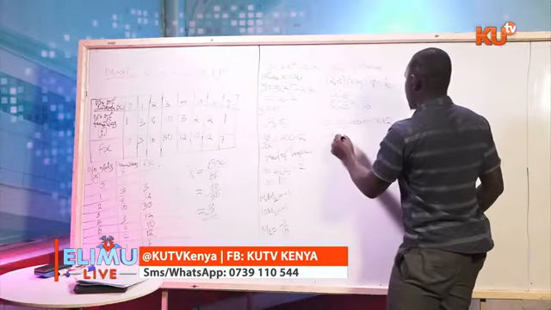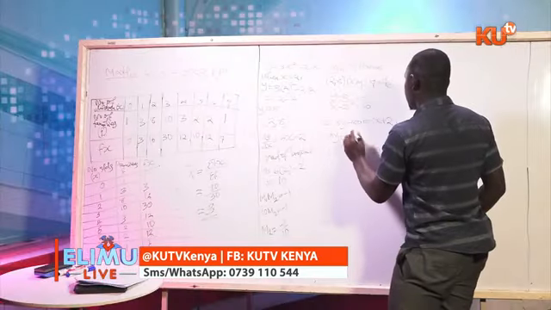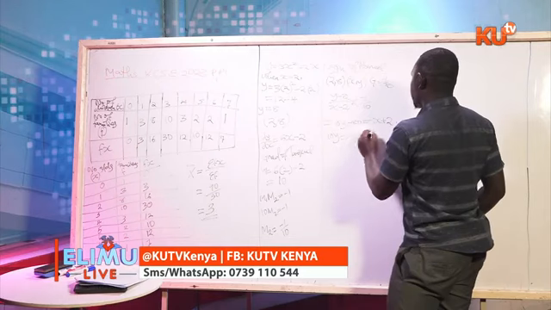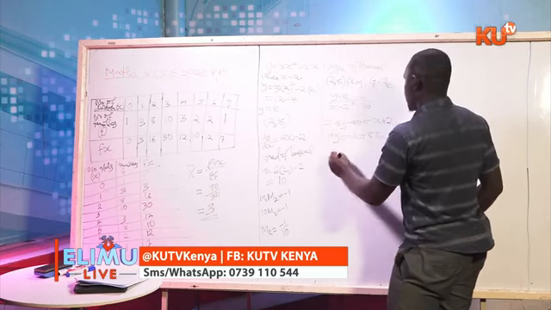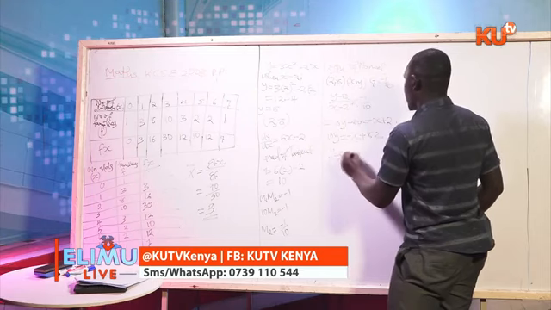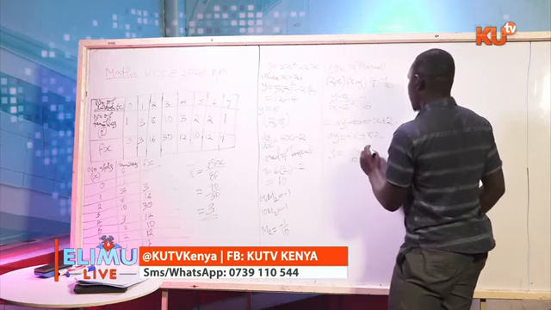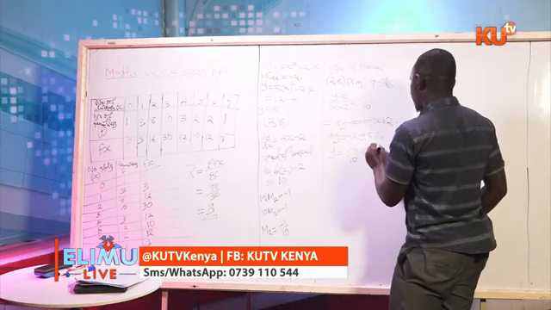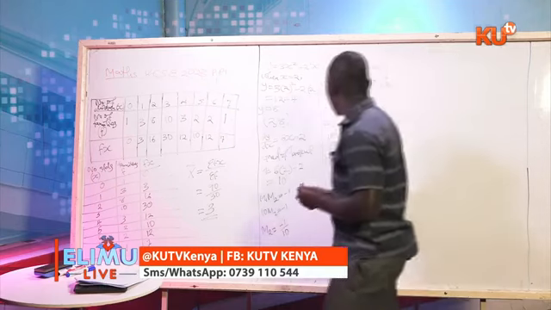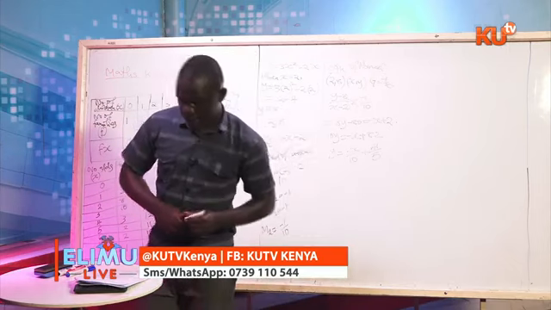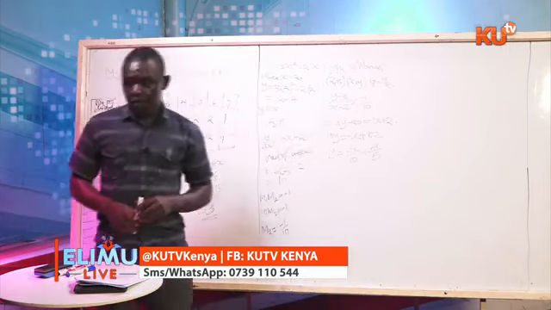This is 10y equals negative x plus 82. So someone can say y equals negative x over 10 plus 41/5. That is the equation of the normal. And that's how you are to get that point.